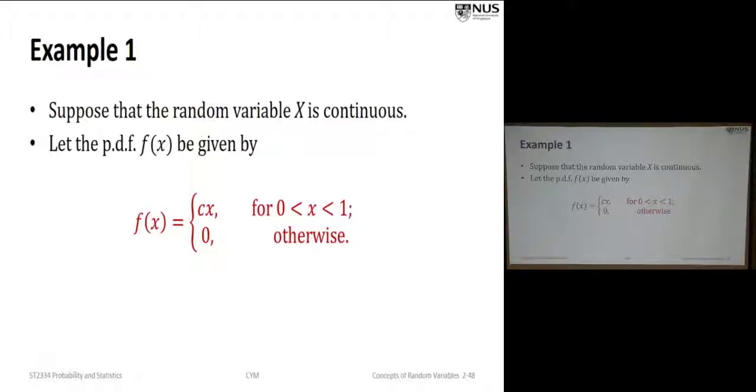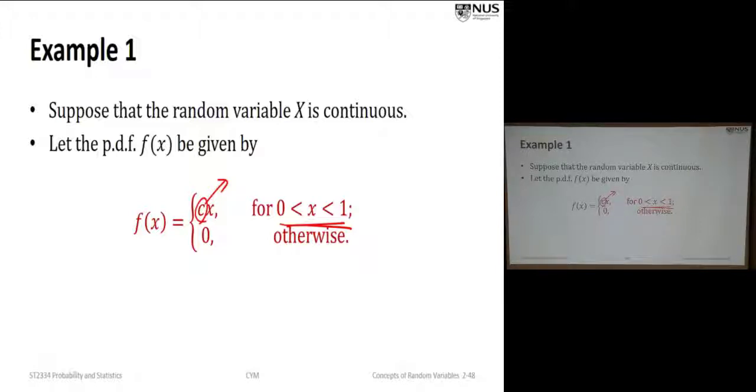Since x is between 0 and 1, so long as c turns out to be positive, then f of x is bigger or equal to 0. I have to figure out what c is to meet the two criteria, the first being that f of x is bigger or equal to 0.